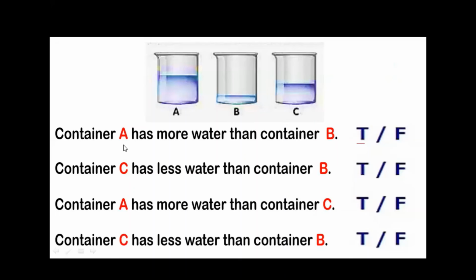Let's read container A. Let's look at container A. Does it have more water than container B? Yes or no? Yes. So if your answer is yes, you're going to circle the letter T.